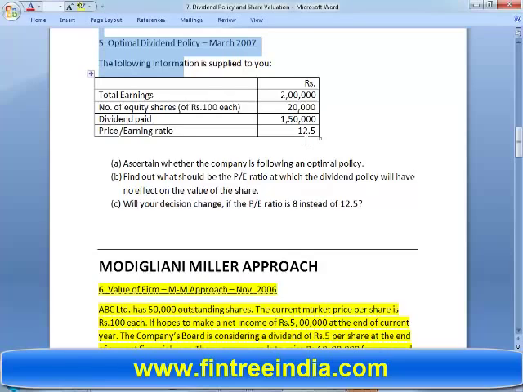Okay. Then let's find out solution of part A. Then write down, saying that part A, the current return on equity of the company is 10%, which is higher than cost of equity of 8%.